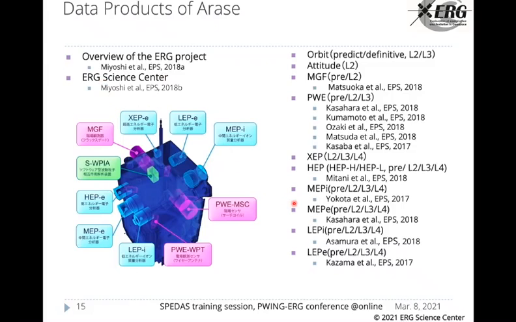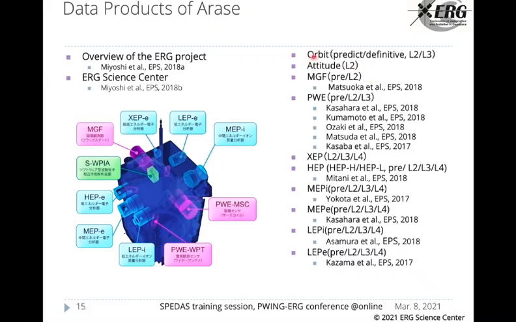And also the ERG satellite provides 1, 2, 3, 4, 5, 6, 7, 8, 9 instrument data, and some of those are listed on the right hand side here.